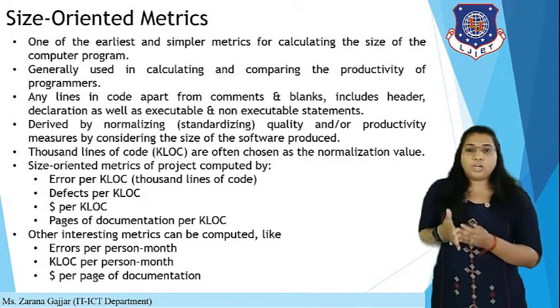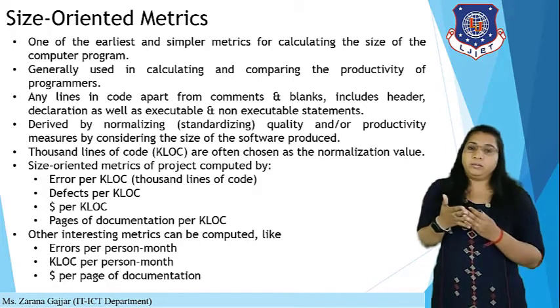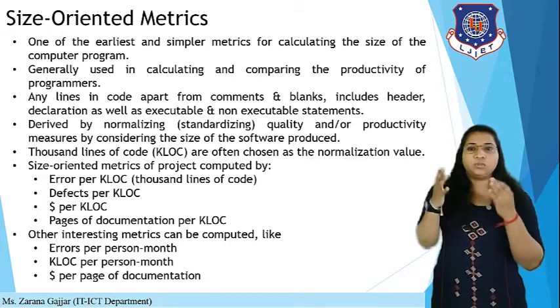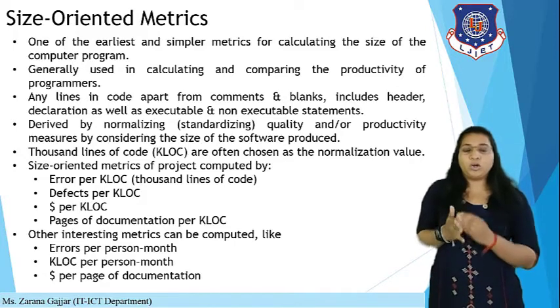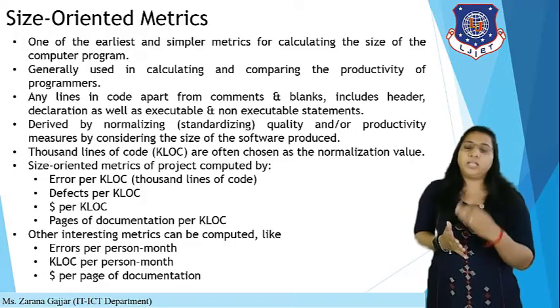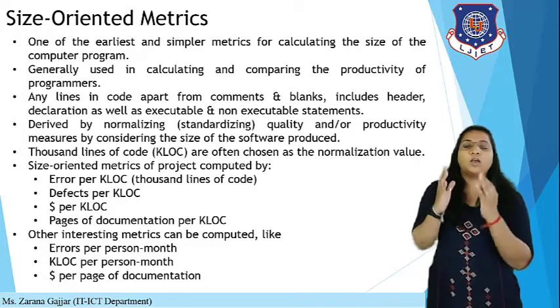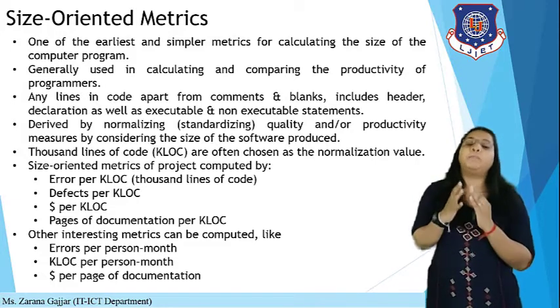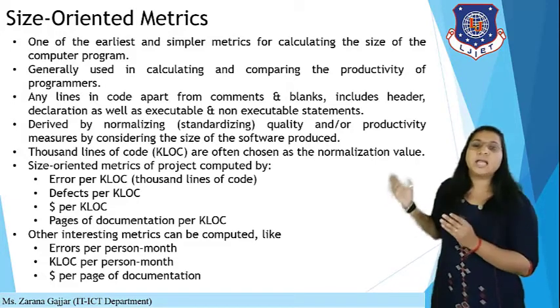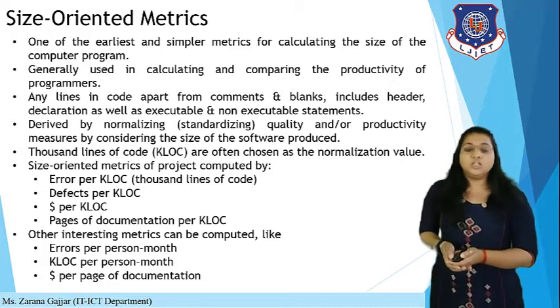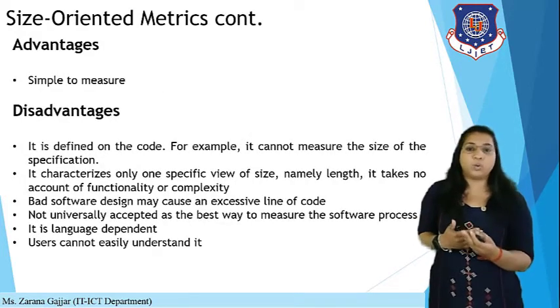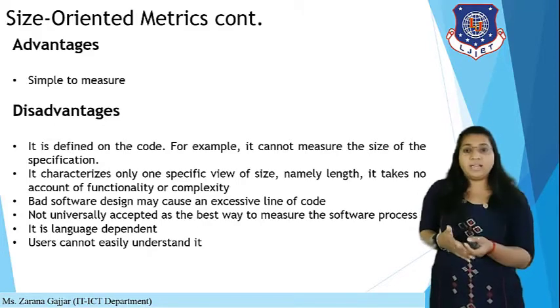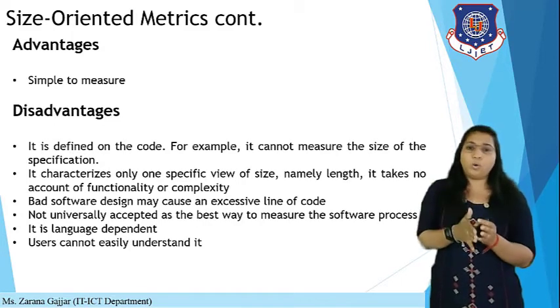Size oriented metrics basically calculate the size of a computer program. For the product you are developing, you can easily calculate the cost and effort using size oriented metrics. Let's discuss some advantages and disadvantages of size oriented metrics. The advantage is that it is simple to measure.